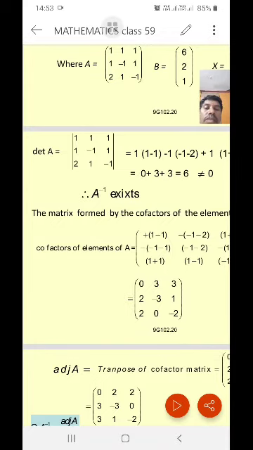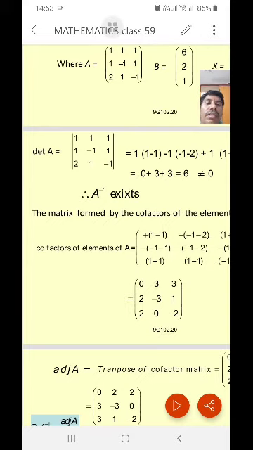First we have to find the cofactors of the elements of A. Then if we transpose that cofactor matrix, we get the adjoint of A. In the previous class we learned how to find the adjoint of A. So see here, the cofactors of the elements of A.